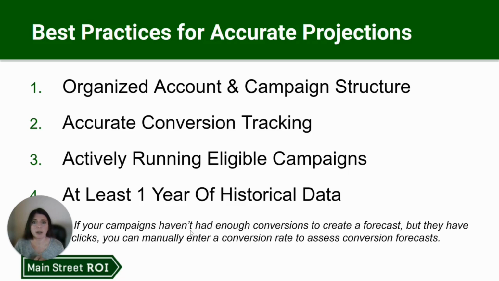So even if there's not enough conversions, as long as you do have some activity going on within those campaigns and you are getting substantial clicks to your landing pages, then Google will allow you to enter in what your conversion rate normally looks like, which can be helpful as well if it's a newer campaign or newer account.